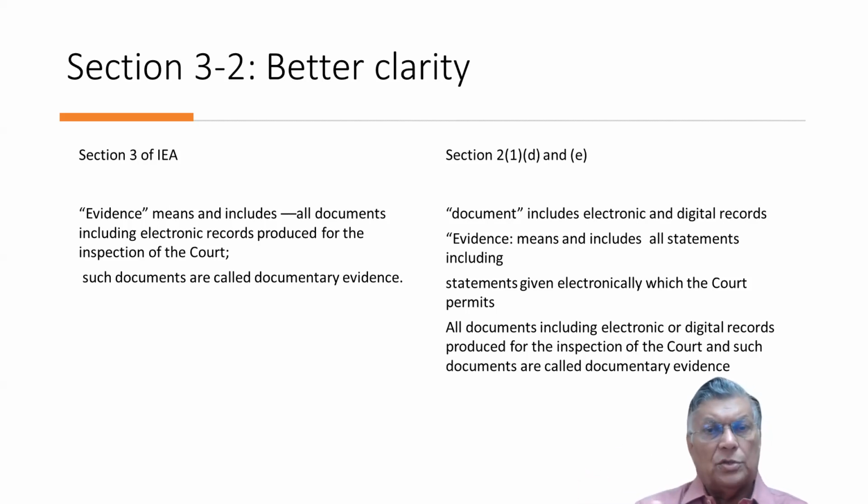So that goes with the last line on the left side. Then evidence means and includes all statements, including statements given electronically, which the court permits. I don't know whether this means that the court cannot permit in certain cases. Anyway, all documents, including electronic or digital records, produced for the inspection of the court, and such documents are called documentary evidence.